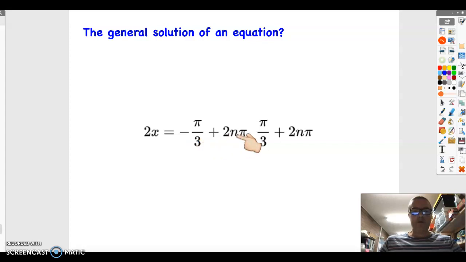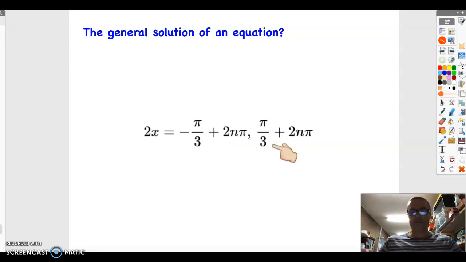Any whole number of revolutions takes us to exactly the same place on the unit circle in the fourth quadrant. So here we mean n to be any whole number, including 0, but could be negative, could be positive. So on that unit circle, there's an infinite number of solutions that correspond to the value where x is negative pi on 3.